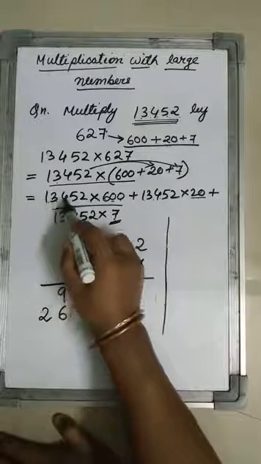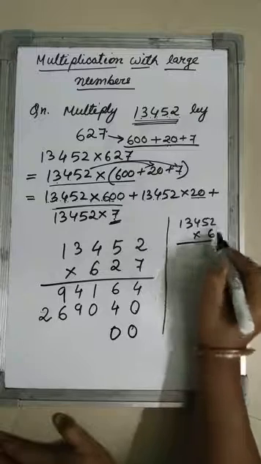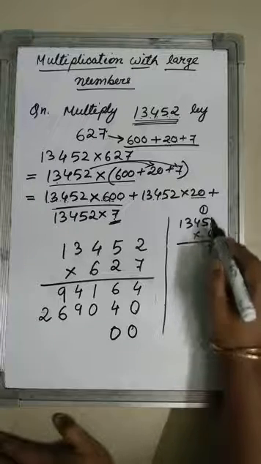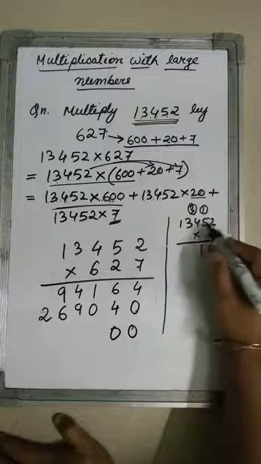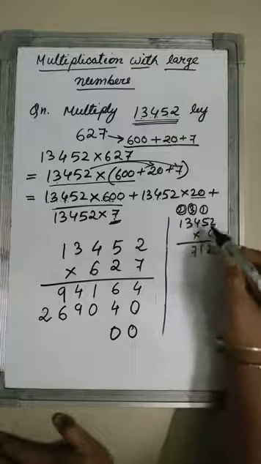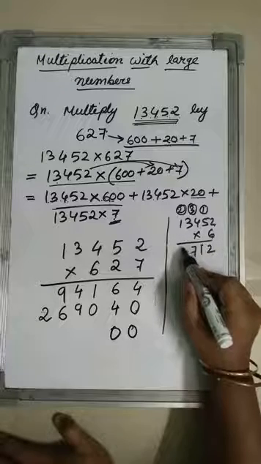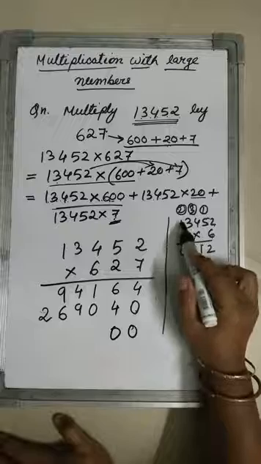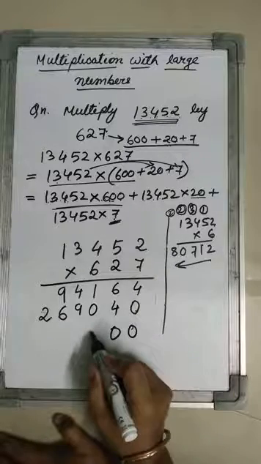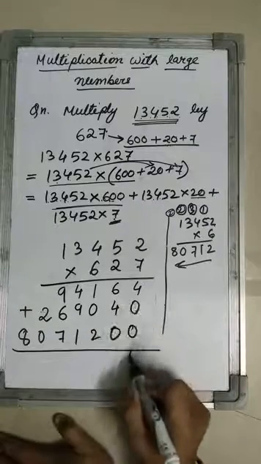So 13452 into 6. 6 into 2 is 12. 6 into 5 is 30, plus 1, 31, 3 carry. 4 into 6 is 24, plus 3, 27, again 2. 6 into 3 is 18, 18 plus 2 is 20. 6 into 1 is 6, plus 2 it is 8. So if I write this number here, 80712.